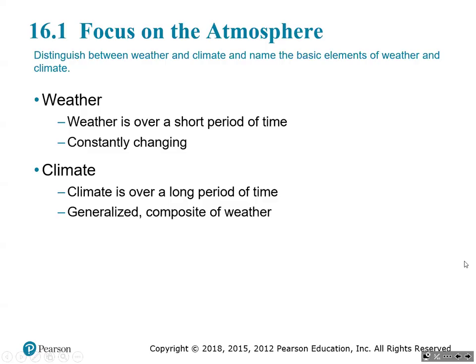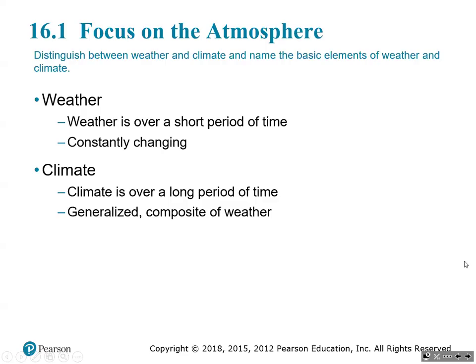Climate is long-term trends. So climate will tell you that in general, it's warming up over a period of years. It doesn't tell you if it's going to be warm today or cold today. That might vary. But it's telling you in general, each year is warmer than the last.